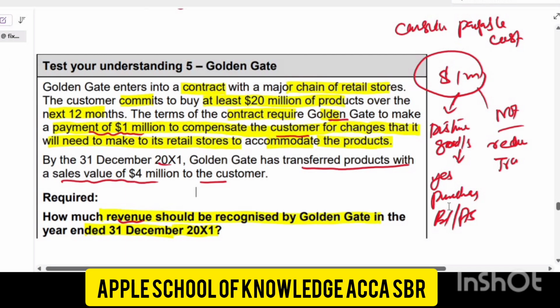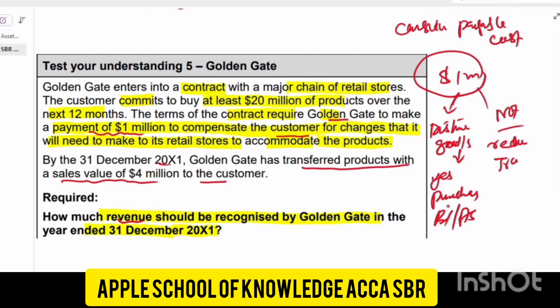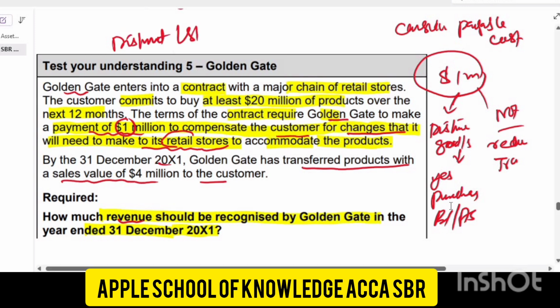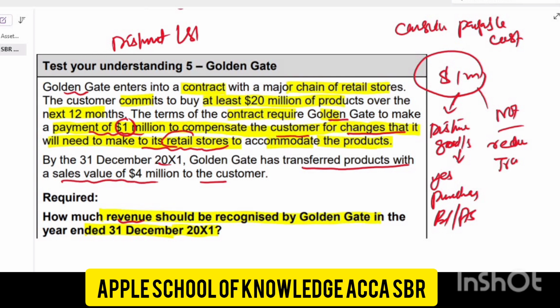If you see here, this says in the question that the 1 million compensates the customer for modifications made to its retail store. So for this 1 million, Golden Gate will not receive any distinct goods or services, and that should be deducted, reducing the transaction price. Clear?